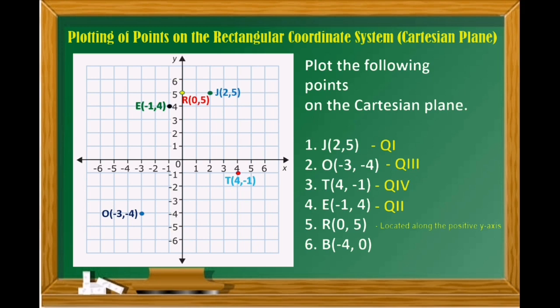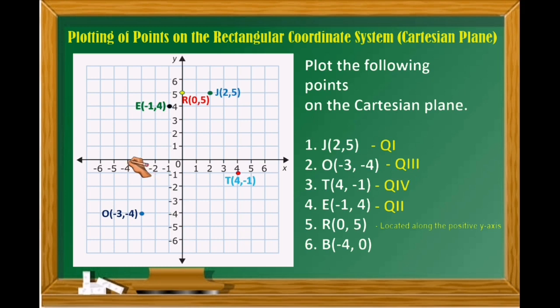Number 6 is point B. B has the coordinates (-4, 0). Again, x here is negative but y is 0. So point B is not found in any of the 4 quadrants. But still, we can plot point B. Starting at the origin, since x is negative, we move 4 units to the left.